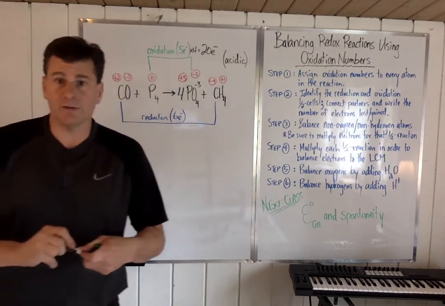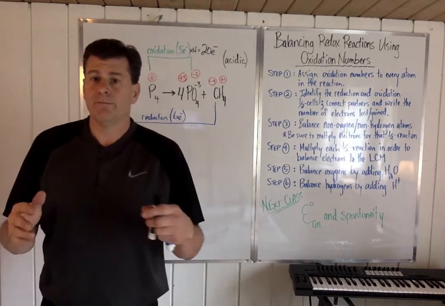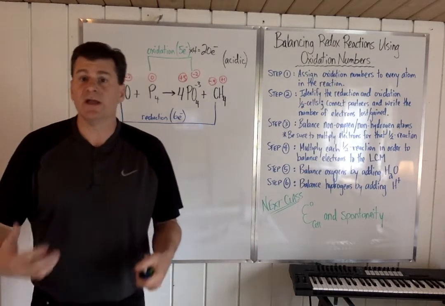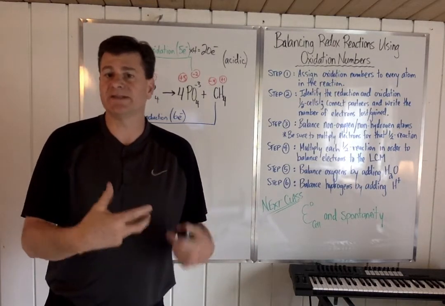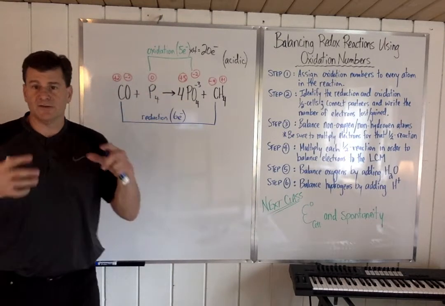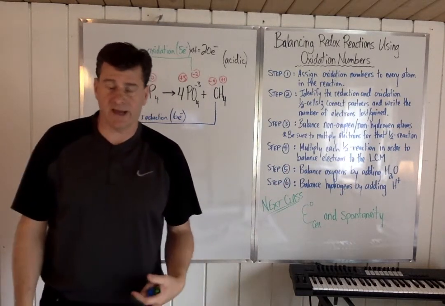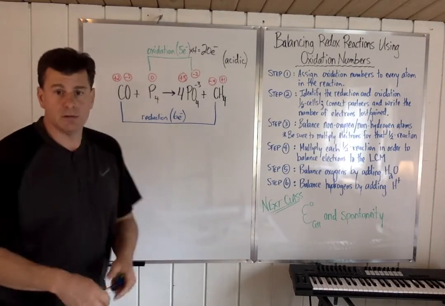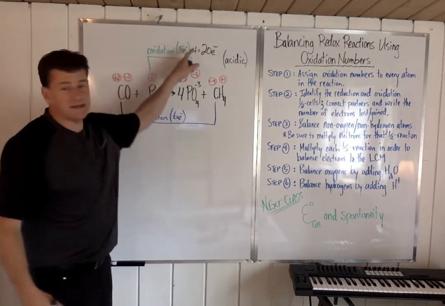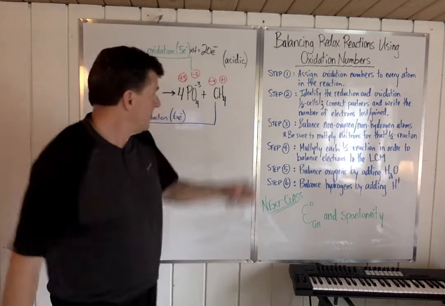So it's critical that you take the per atom idea, but then once you balance the atoms that are doing the oxidation or the reduction, you multiply the electrons, because now for the P4 turning into the 4 phosphates, there's a total of 20 electrons being produced by that oxidative process. So now the reduction is 6 electrons. Now the total phosphorus oxidation is 20 electrons. Okay, so that's step 3.